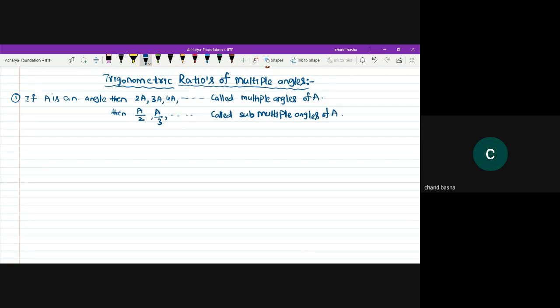Just if you are multiplying with one scalar quantity, that is 2A, 3A, 4A, and so on, they are called the multiple angles. Sum and difference, we can call it as compound angles.